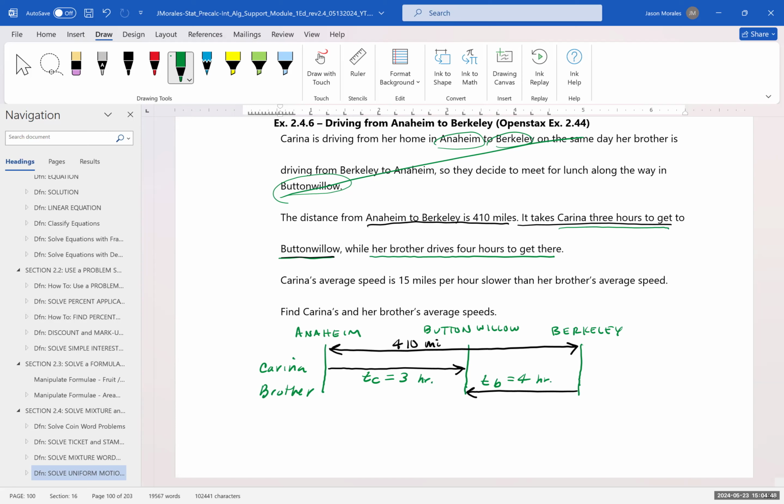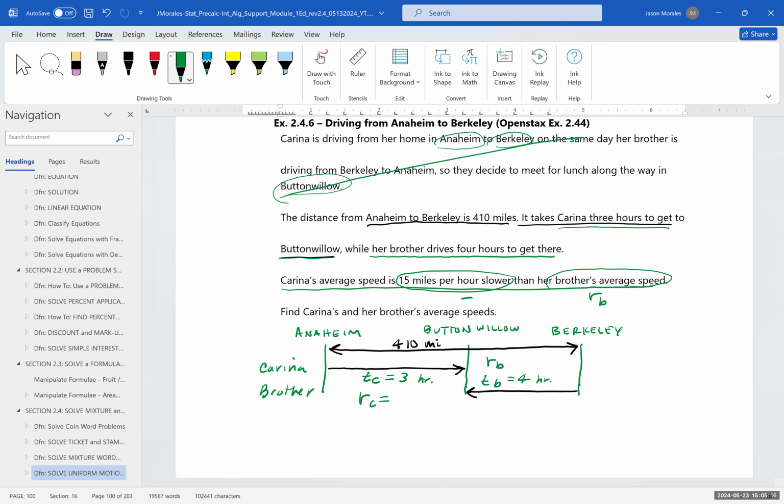All right. Karina's average speed is 15 miles per hour slower than her brother's average speed. All right. So for brother's speed, we're going to say rate brother. All right. And we don't know what that is. And then for Karina, we're going to have rate Karina. All right, so her speed is 15 miles per hour slower.